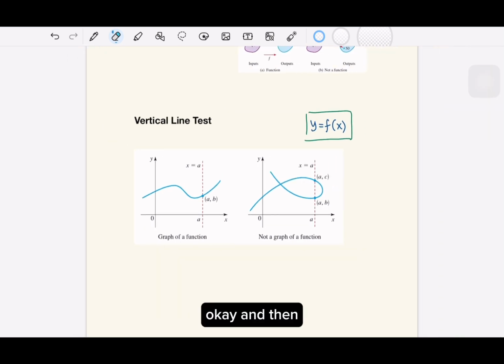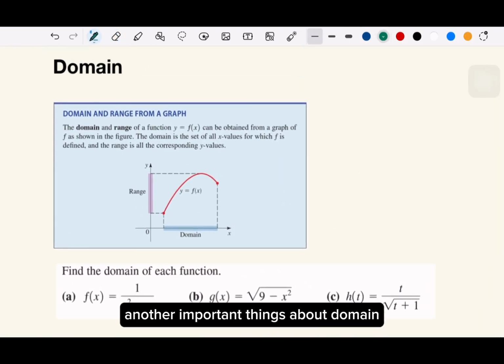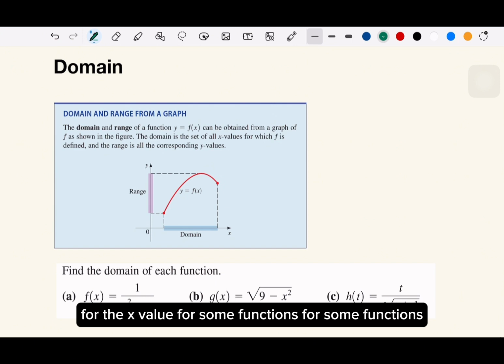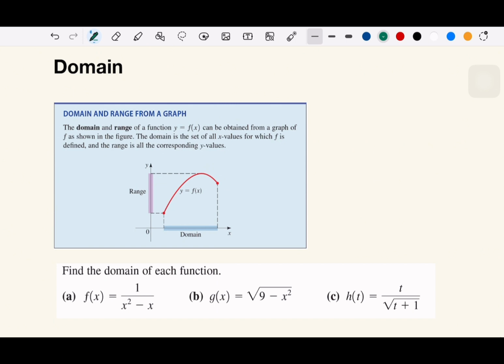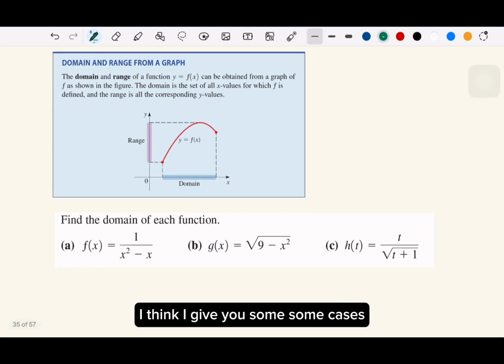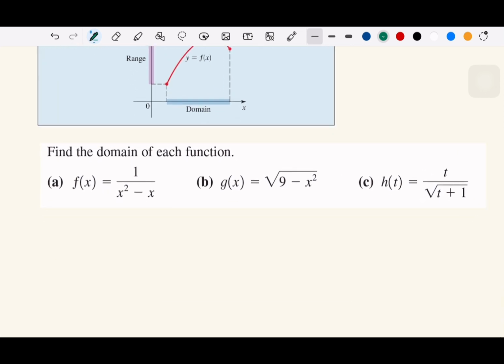Okay, and then another important thing is about domain and range. The domain is every possible x value for some functions. I think I gave you some cases, like for example this part here.